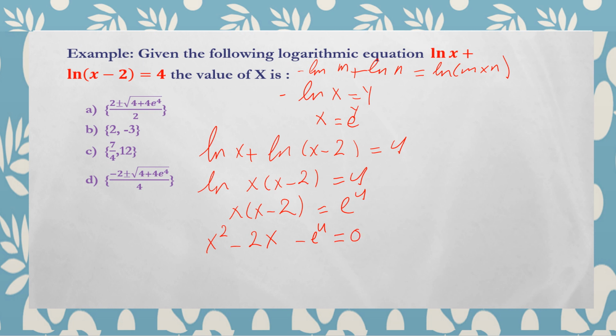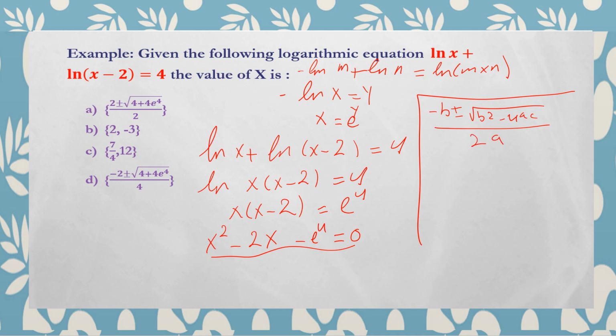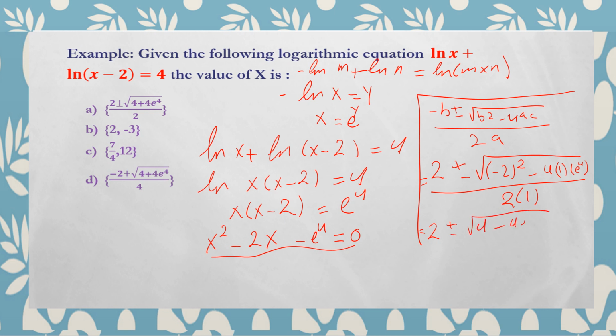And again, this is a quadratic equation, and by using the general form of the quadratic equation, minus b plus or minus square root of b squared minus 4ac over 2a, this equals 2 plus or minus square root of minus 2 squared minus 4 times a, which is 1, times c, which is minus e power 4, over 2a, and this equals 2 plus or minus square root of 4 plus 4e power 4 over 2.